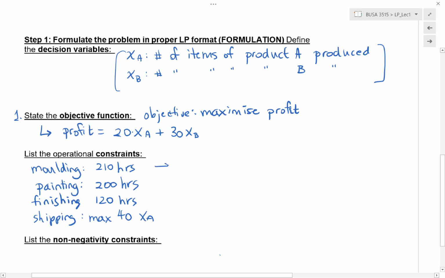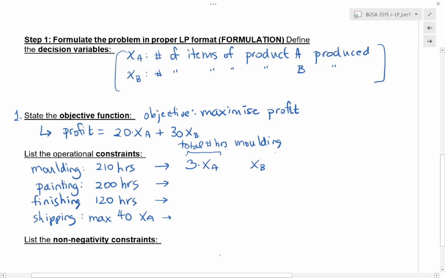So let's write out each of these constraints algebraically, or basically as equations, or in this case inequalities, they're called. Okay, so we're producing XA and XB. Now XA requires 3 hours per product in the molding department. So 3 times the number of them produced will give us the total number of hours in the molding department that product A requires.